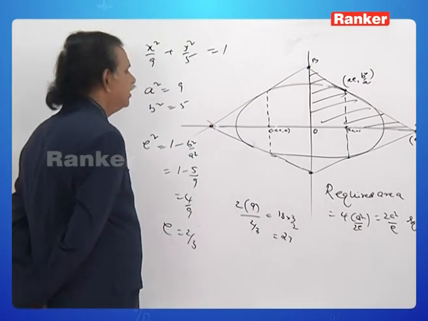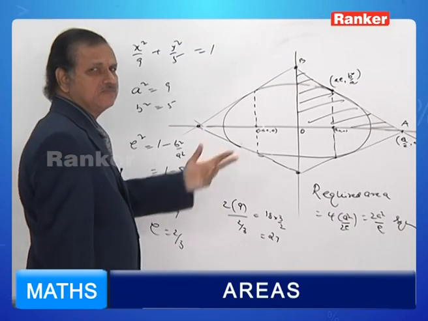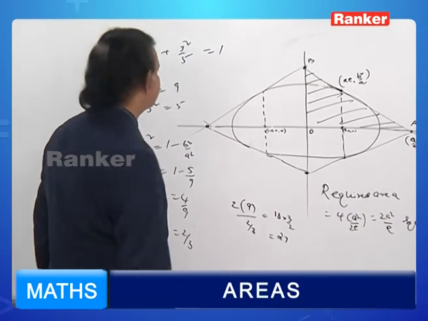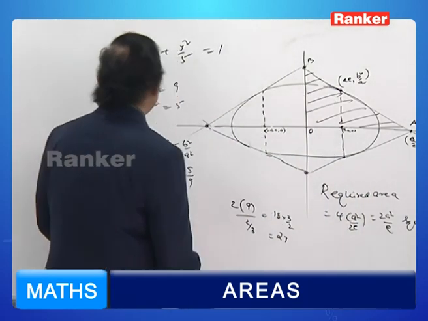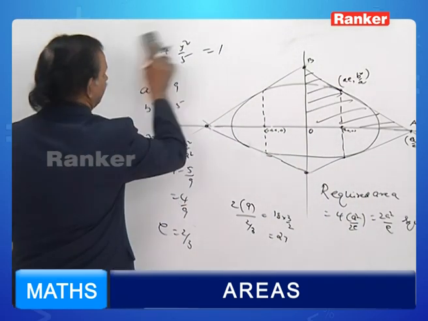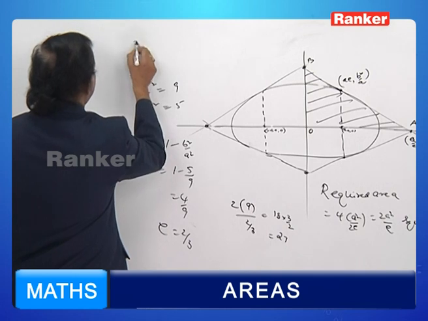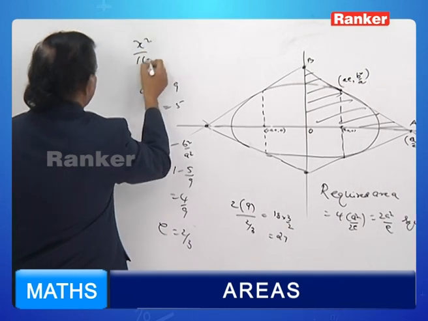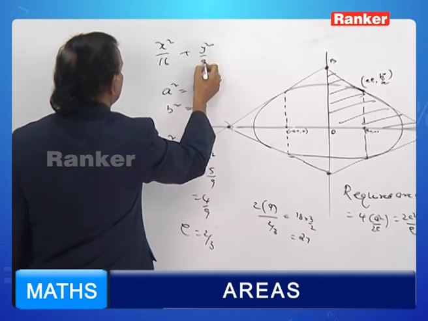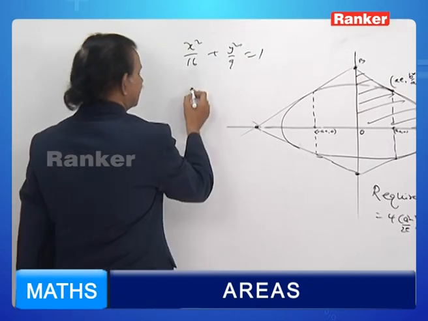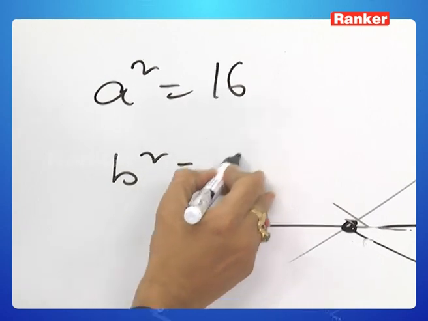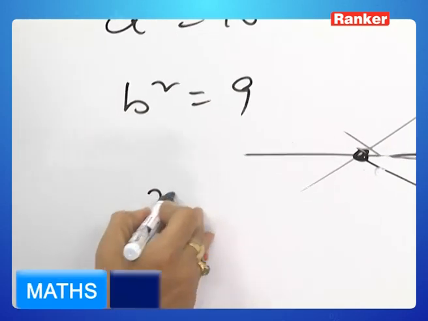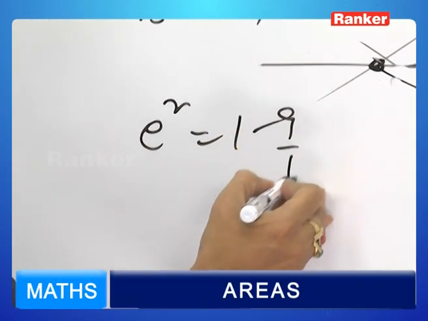Moreover, you can see a beautiful reusability of the result in this question. For the sake of practice, you please tell me the required area for the ellipse x square by 16 plus y square by 9 is equal to 1. What is a square? 16. What is b square? 9. What is e square? 1 minus 9 by 16.